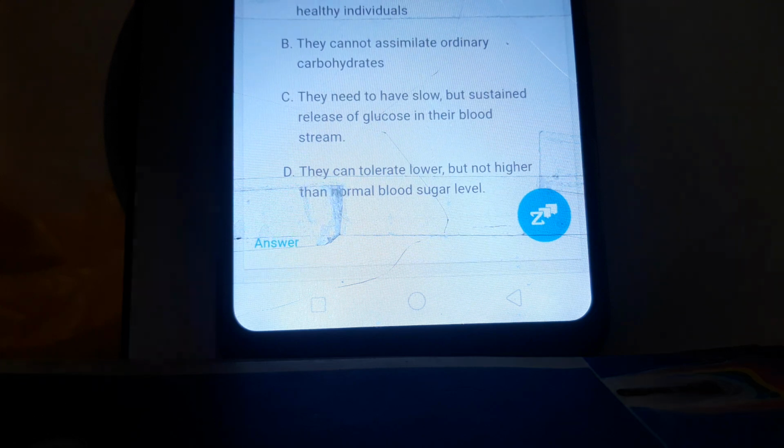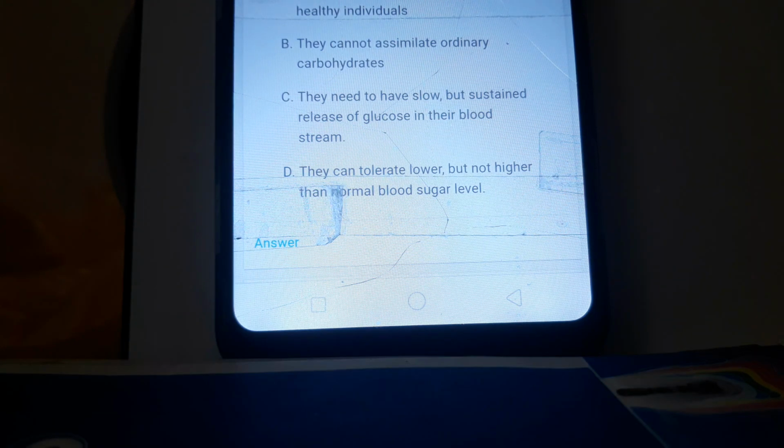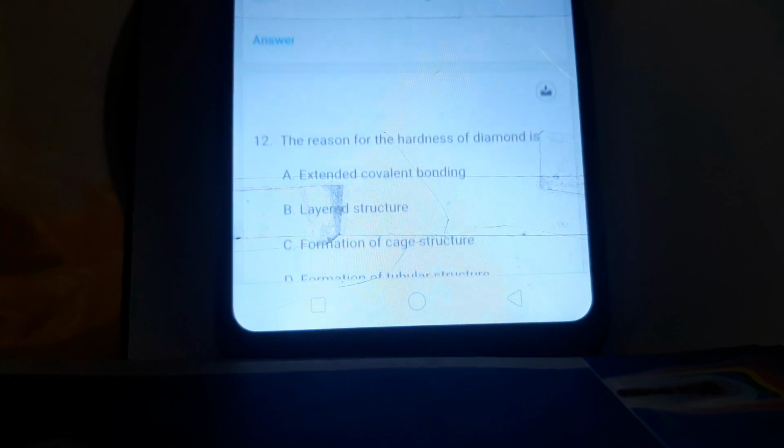The reason for this is: A, they require less carbohydrates than healthy individuals; B, they cannot assimilate ordinary carbohydrates; C, they need to have slow but sustained release of glucose in their bloodstream; D, they can tolerate lower but not higher than normal blood sugar level, right?